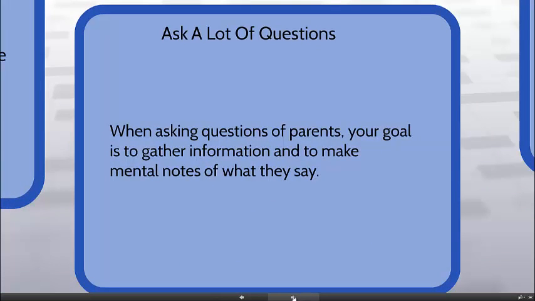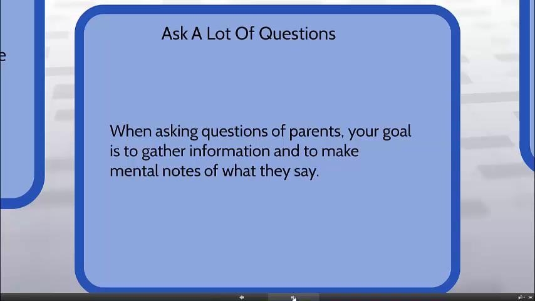When asking questions of parents, your goal is to gather information and to make mental notes of what they say. Now, this is very important. I don't like for scouts to take notes of what parents are saying in a sales presentation. The reason is, if you're writing down everything the parent is saying, the parents may not be as forthcoming with information.